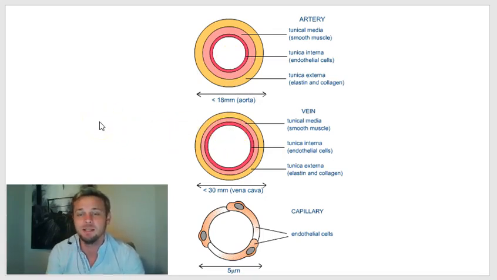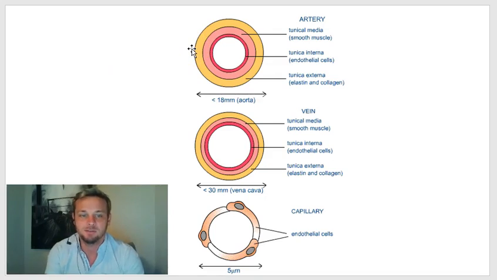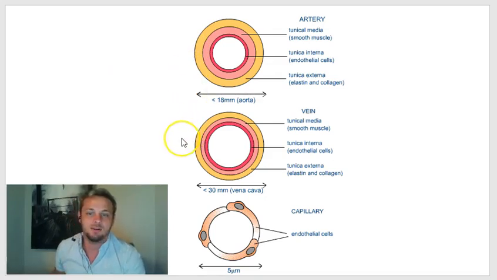It is really low pressure, and so a lot of the time your arteries are considered pressure vessels, while your veins are considered capacitance vessels, or vessels that are allowed to just hold the blood to transport it back to the heart slowly.